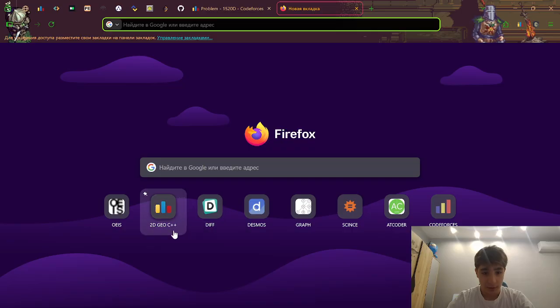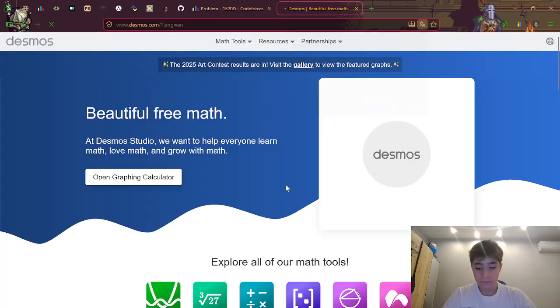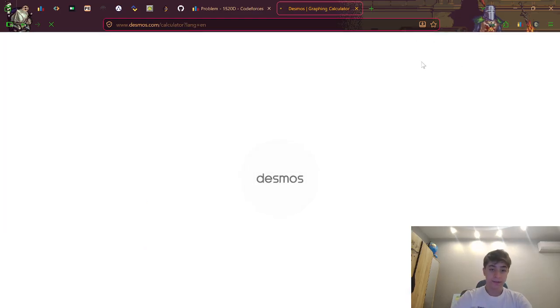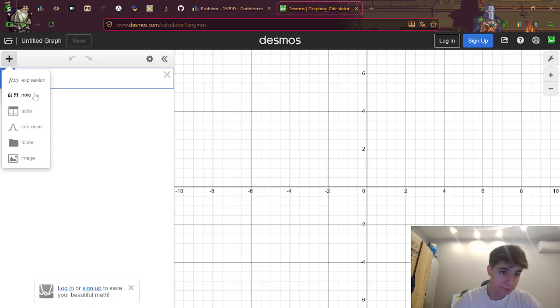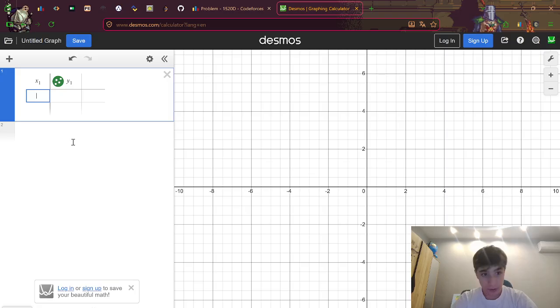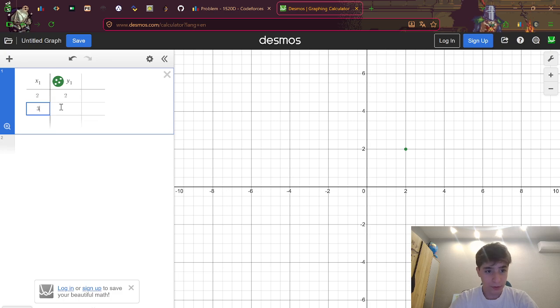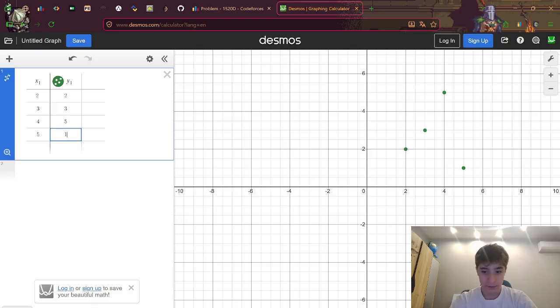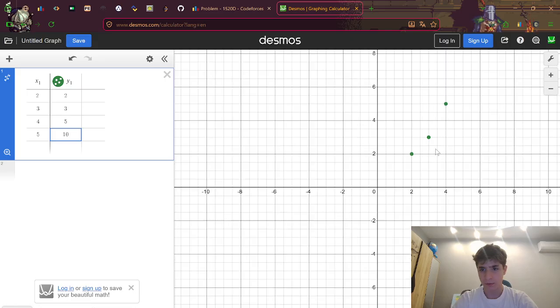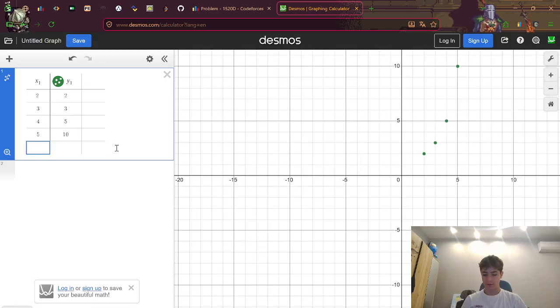For the table, it's going to be 2 is 2, 3 is 3, 4 is 6, 5 is 10, and wait a minute, 6 is what? 6 is going to be 1 to 2, 1 to 3, 1 to 4, 1 to 5, and 1 to 6.